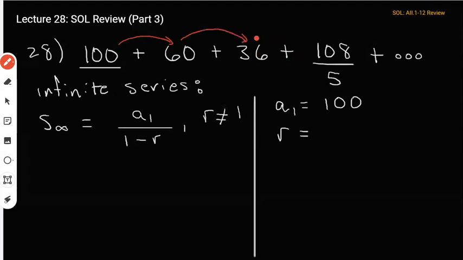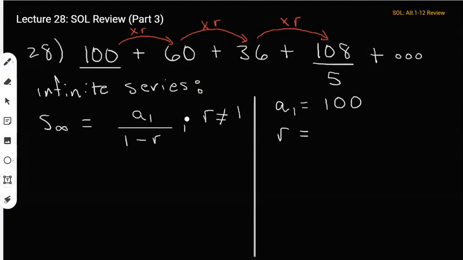What do we have to multiply 36 by to get to this fraction, 108 over 5? Whatever we multiply by, and I'll put times R at the top of this, that's what our R is going to be. So R is going to be your common ratio. What are you multiplying 100 by to get to 60? So what I can do is I can take one of these numbers and divide by the number that comes before it.